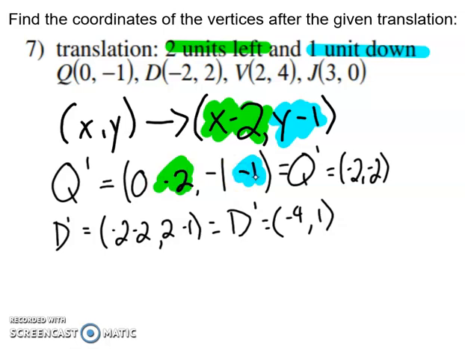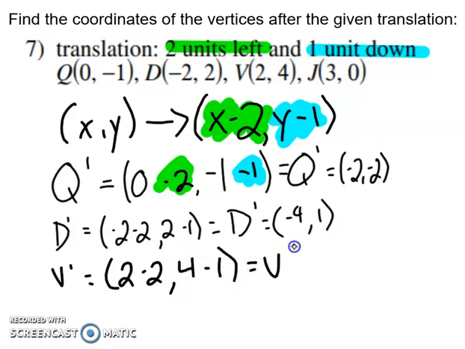There we go. Okay, now V prime: the x value started as 2, I'm subtracting 2. It was a y value of 4, I'm subtracting 1. So V prime is going to be equal to 0, comma 3. And then J prime, it started out with an x value of 3.